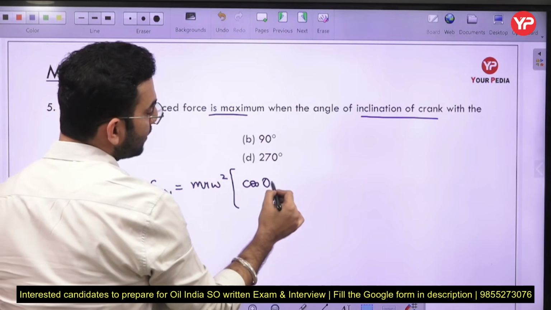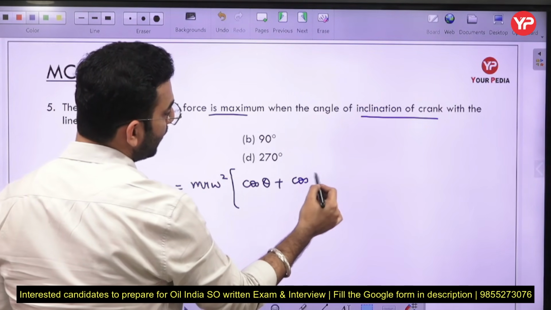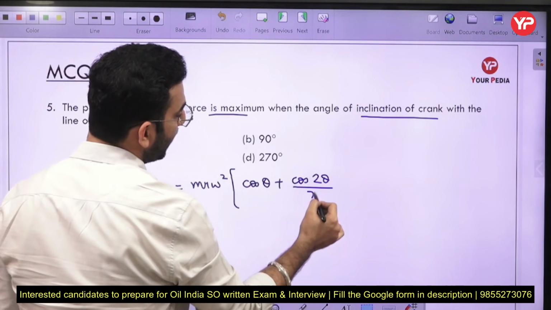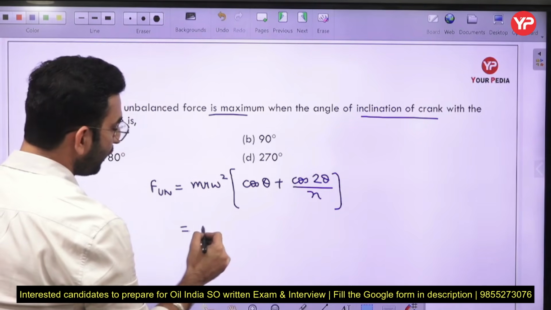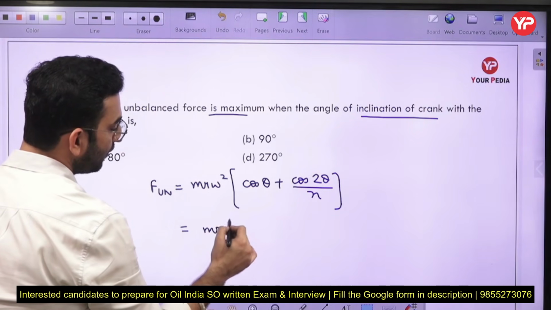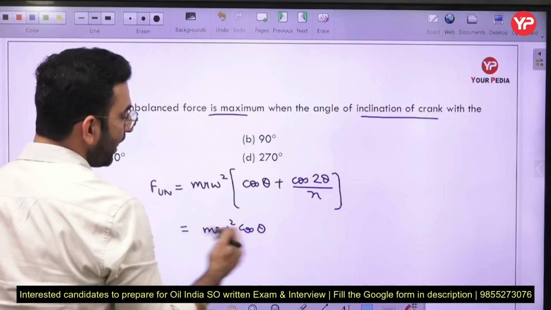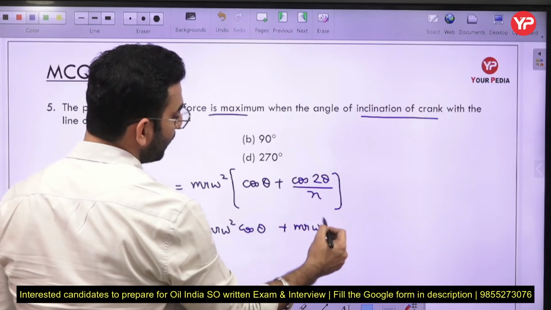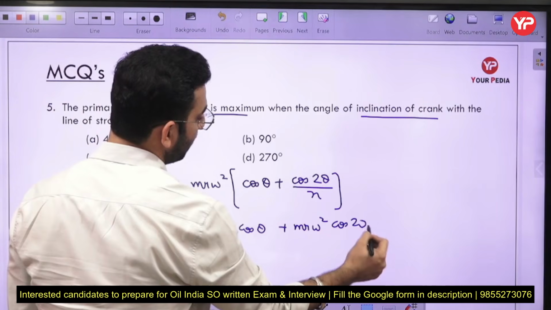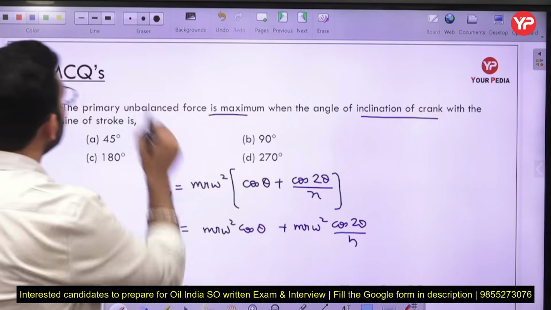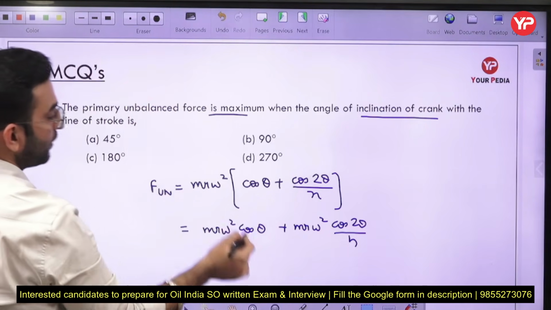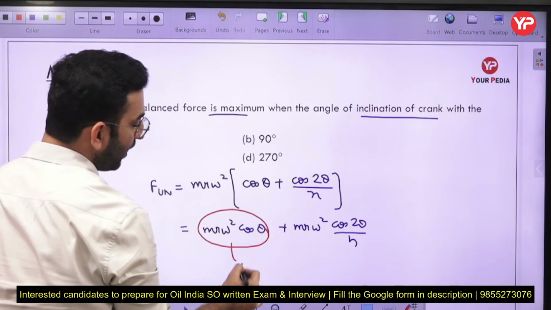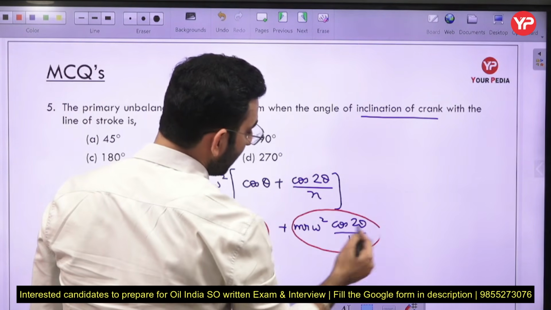The total unbalancing force is written as mr omega square cos of theta plus cos 2 theta by n here, where if you further simplify it, you are going to see that we have first term mr omega square cos of theta, then we have another term mr omega square cos of 2 theta upon n here. Okay, now in this case the first term is known as the primary unbalanced force. So this is the primary unbalanced force, this is the secondary unbalanced force here.